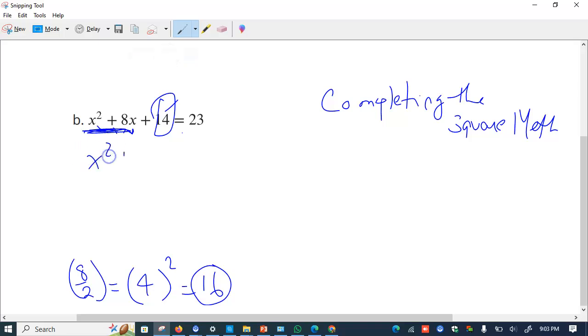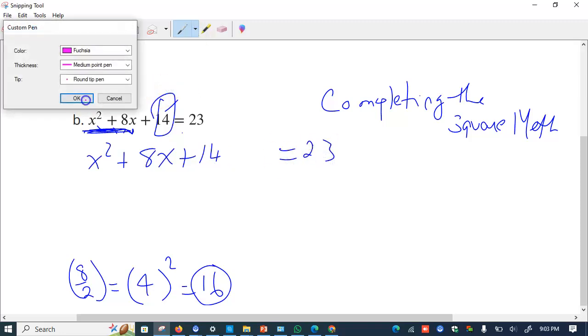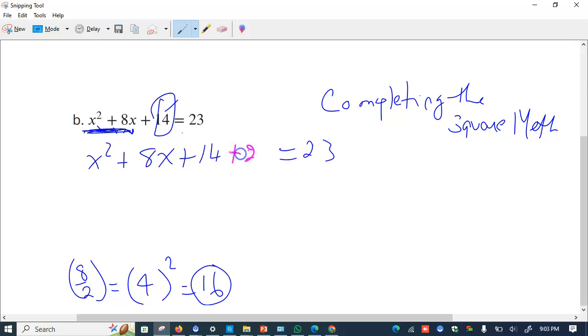It means this equation can be written as x squared plus 8x plus 14 equals 23. On both sides, you can add plus 2. And when you do that, you get x squared plus 8x plus 16, and the right side is 25.